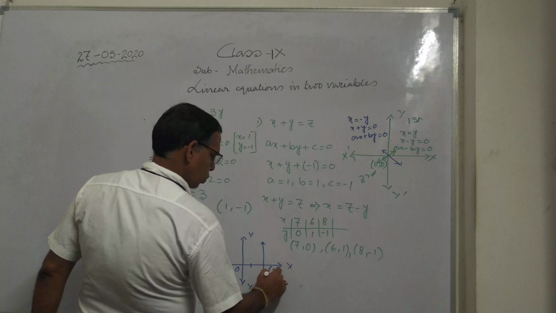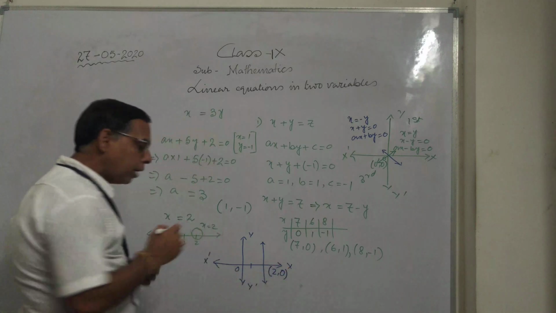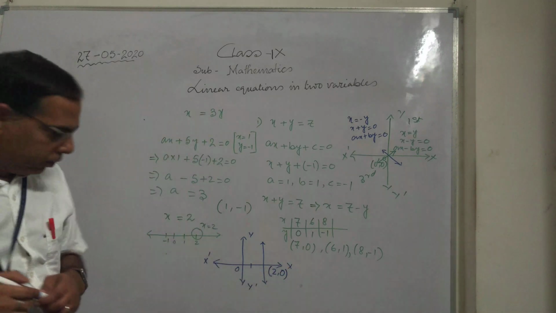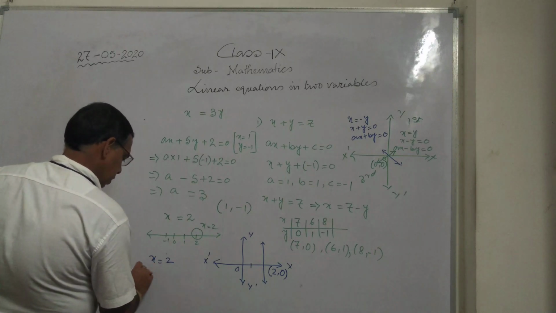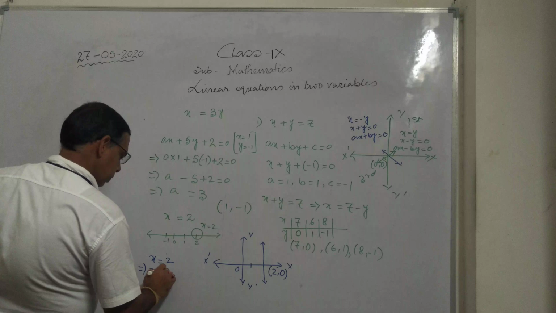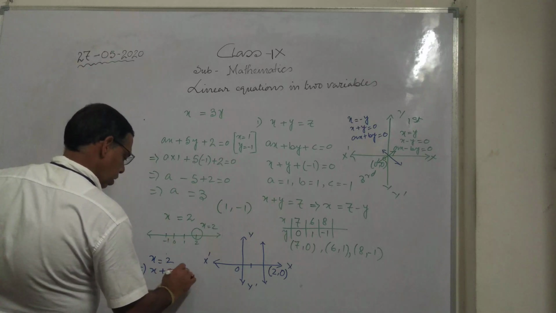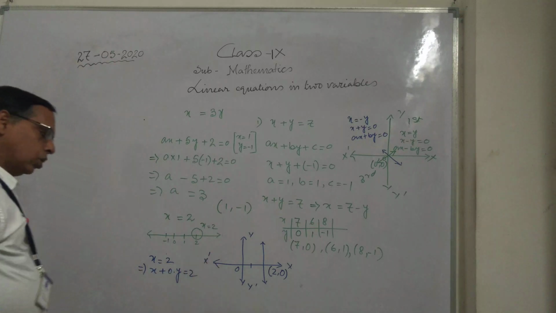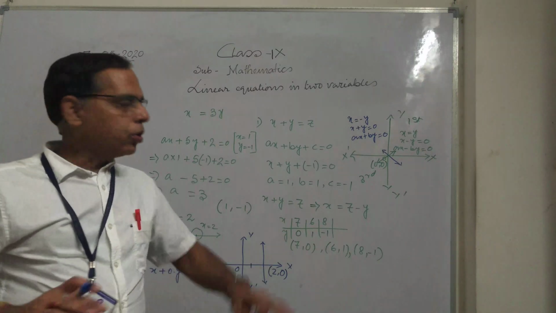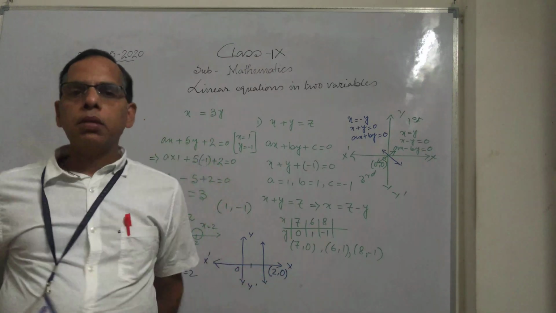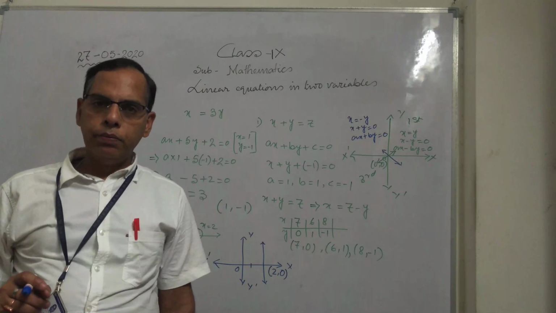So 2, 0. Now how did you get 2, 0? See x equal to 2 implies x plus 0 into y equal to 2. So ultimately y value is 0. So these are the sum and substance of that chapter.